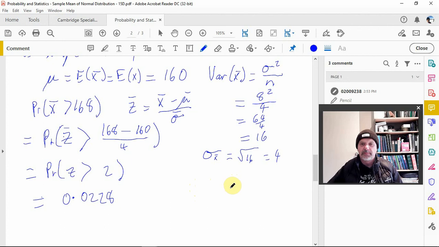And so later on we're going to do more about the sample mean. As I said, sometimes it's hard to survey the whole population. When we do that, it's called a census.